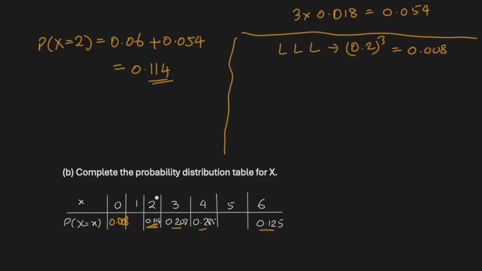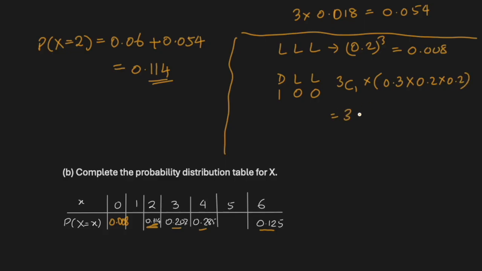Now 1. 1 point cannot be gotten by winning any game, so there will be no win. A draw is a possibility, and then losing the other 2 games. So this will give 1 point, and the others 0 points. But which one? 3C1, multiplied by the probability of a draw, 0.3, and then 0.2 times 0.2.